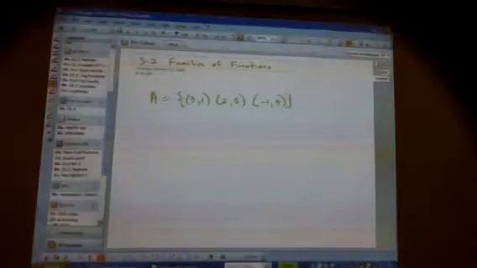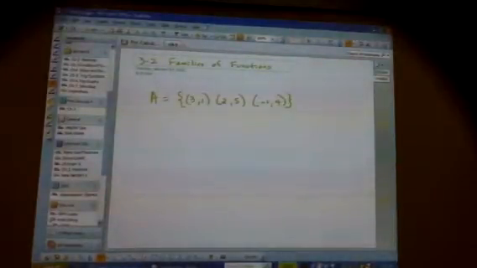But the key is not how many, but that every x has only one y for its partner. So in this problem, 1 is the partner for 3, and that's the only partner 3 has. 2's partner is 5, and -1's partner is 4. This is an example of a function, okay?